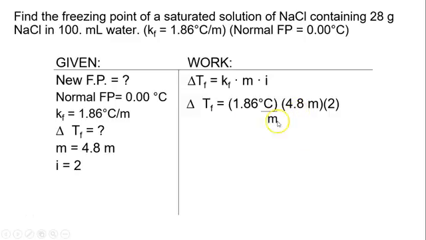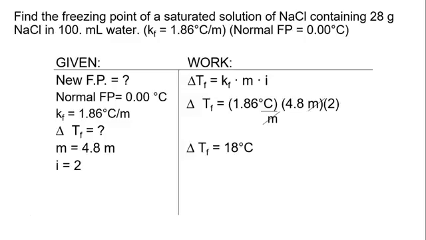Remember, they're the same thing. So if you ever see one that was in that other way in terms of degrees Celsius times kilogram over mole, just change it to look like this. So times the molality times 2, molality cancels, and you get 18 degrees Celsius. Okay, that's how much the freezing point has changed by.